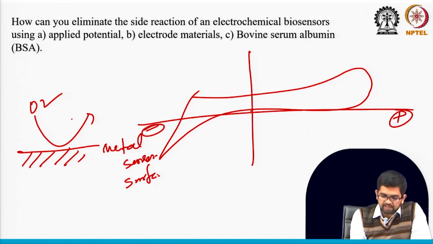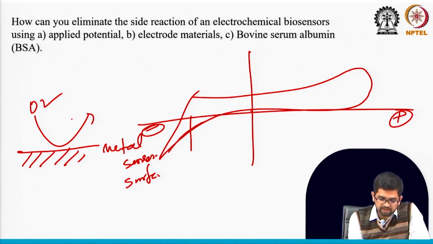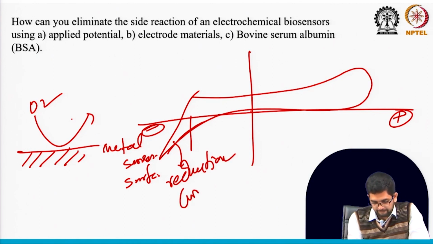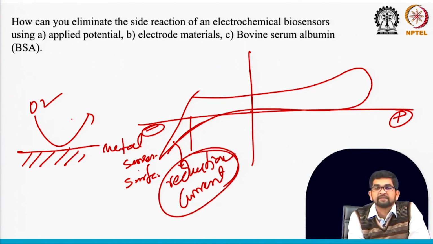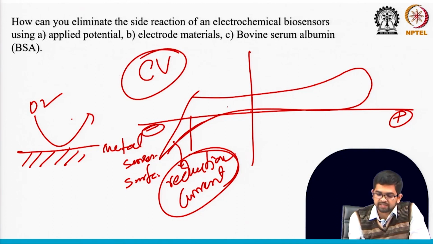At a certain potential, slowly you can get some reduction current. You can see some reduction current at the negative side, just in a buffer sample.